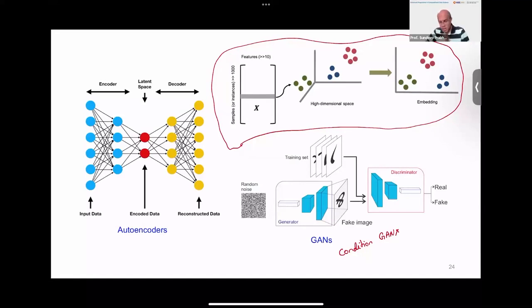Along similar lines, but with a different training philosophy, what has become popular in the last year and a half is another important generative model, which is called diffusion models.